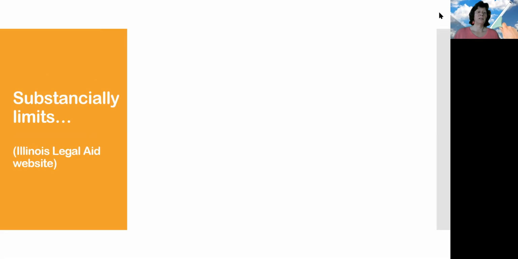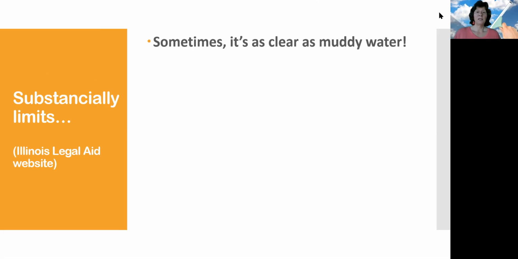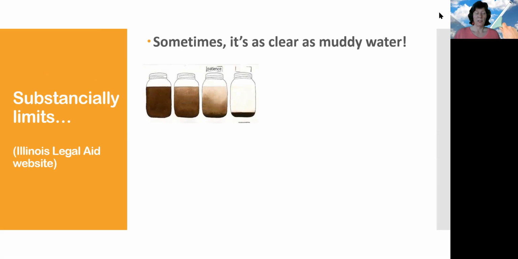What does substantially limit mean? I looked at the definition and found some interesting things on the Illinois Legal Aid website. Sometimes it's as clear as muddy water when I'm talking about the legal verbiage. Sometimes I have to read it, and then also do some searching on the internet to find a different definition or an explanation.